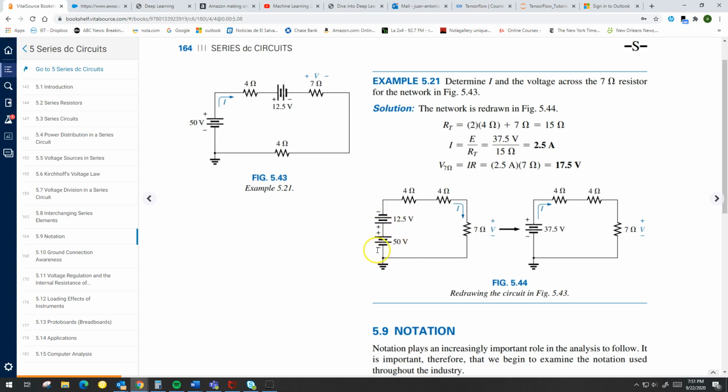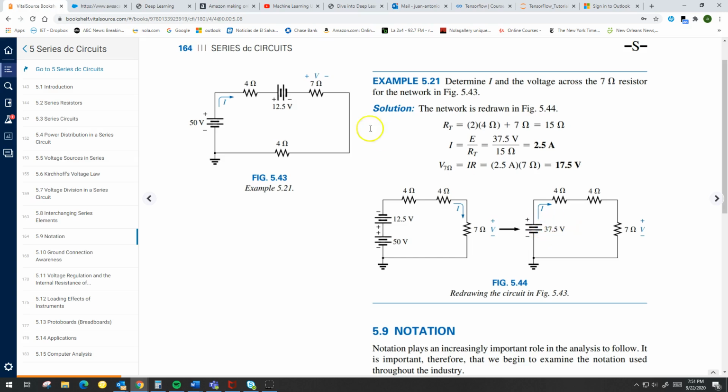Remember by KVL, this will be 50 minus 12.5, a voltage rise of 50 minus a voltage drop of 12.5, which gives you a net voltage of 37.5 volts.